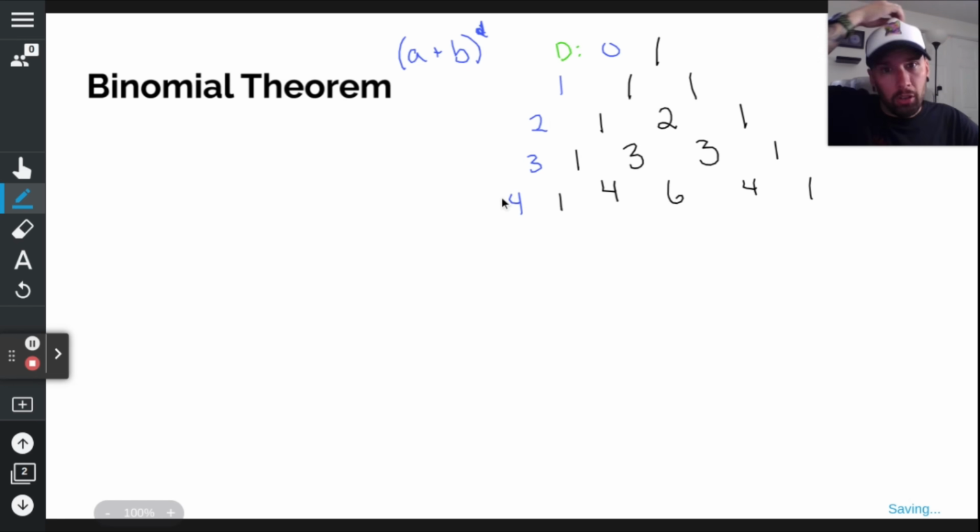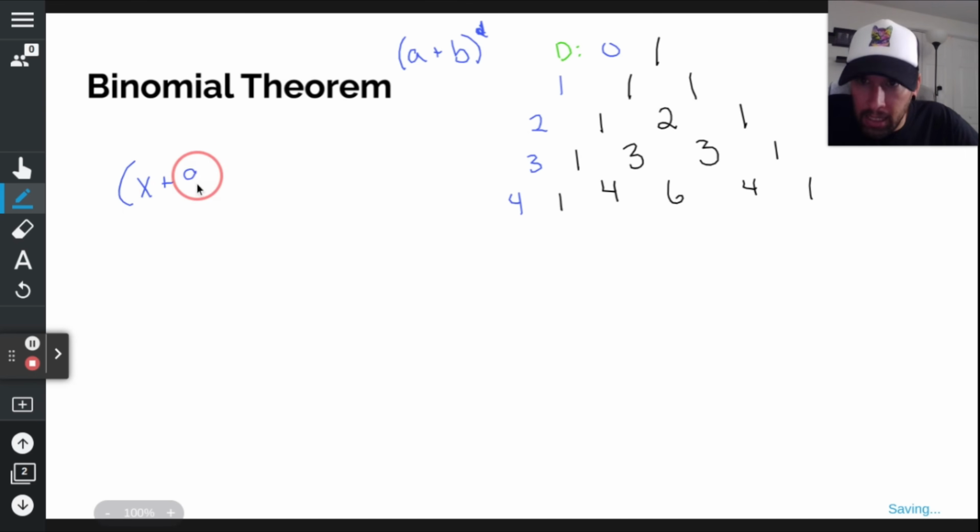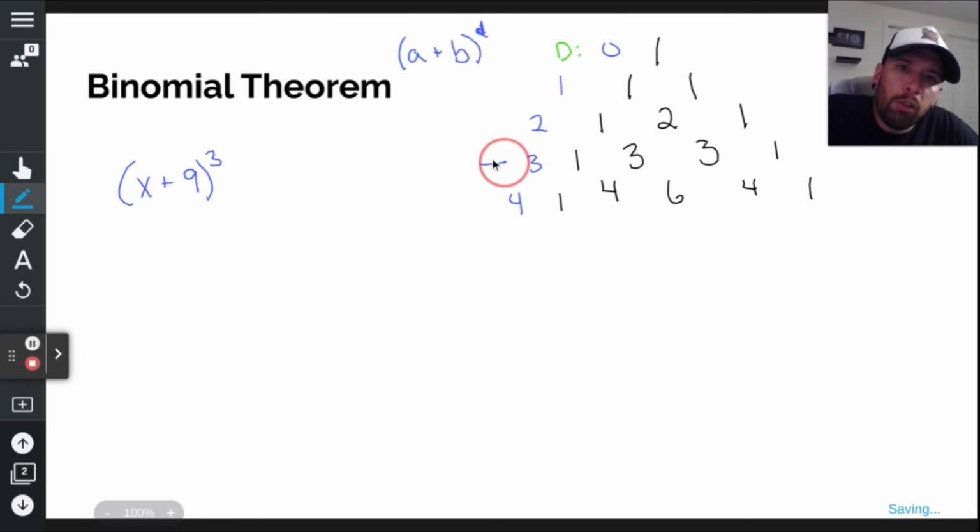Now, what this looks like is if I were to give you an example like x plus 9 cubed, okay? That's going to follow that row right there.